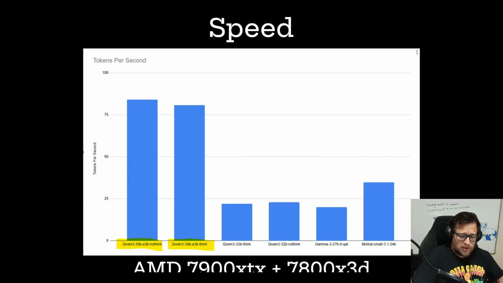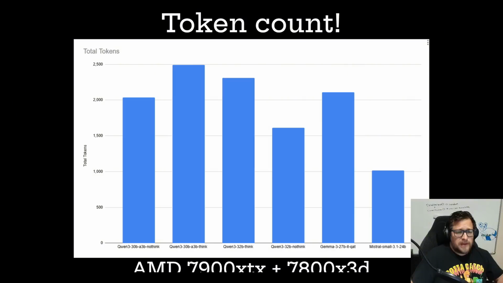It's still incredible speeds. And the token counts, because the other thing I like to look at is how many tokens they're outputting, are more or less in line with the other models. So we're comparing very similar outputs here, with Mistral Small being kind of the lone outlier, sitting a little over 1,000 tokens.